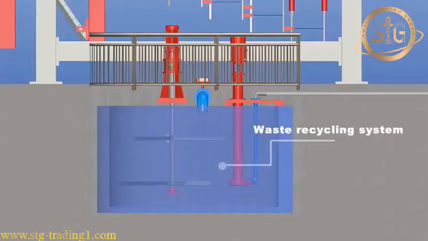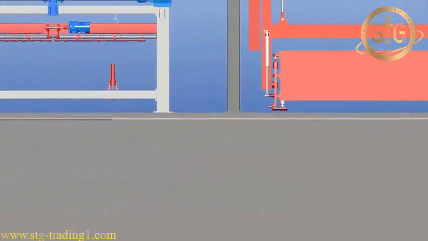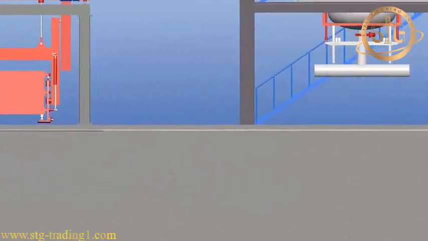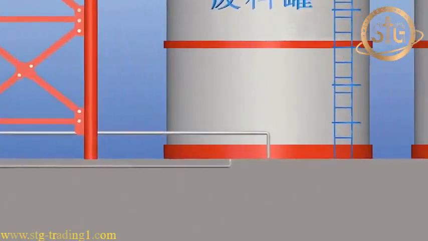We have environment-friendly and cost-efficient recycling systems, such as the top and bottom layers of the waste in uplift and turn process can be recycled by waste recycling system.